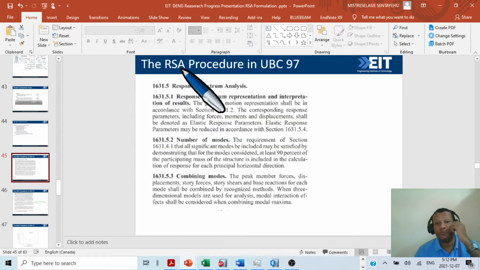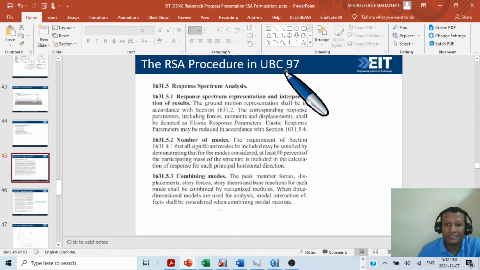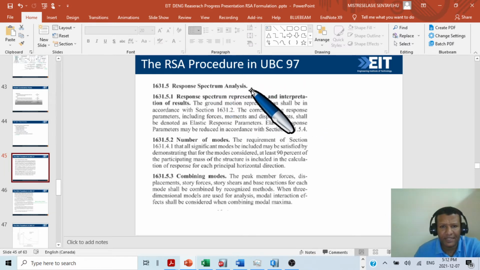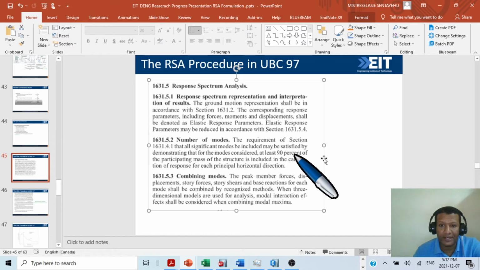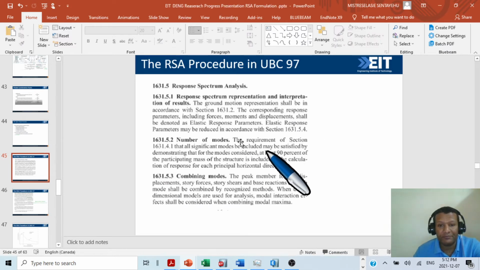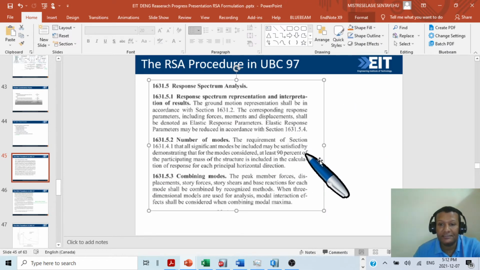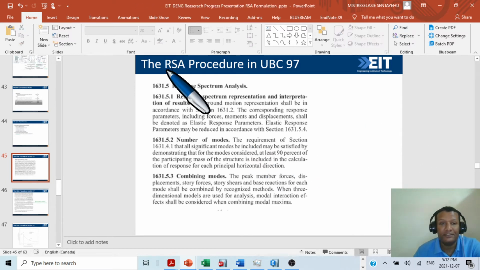So this is the response spectrum procedure in UBC 97. Response spectrum analysis: directly we can read from them, but it will guide us. This is prescribed code based, so we have to follow. As you can see, this is UBC 97, response spectrum analysis, response spectrum representation, interpretation of results.